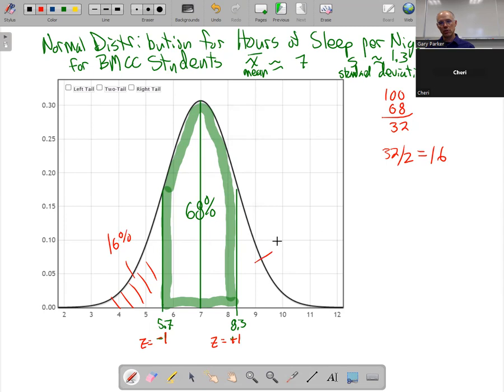And this tail right here should be about 16% of the data. Now, if that's the case, then this score of 5.7, which happens to be a z-score of -1 or 1 standard deviation to the left, that means 5.7 has to be the 16th percentile. So P16, in this case, with a mean of 7 and a standard deviation of 1.3, would be that 5.7 hours.